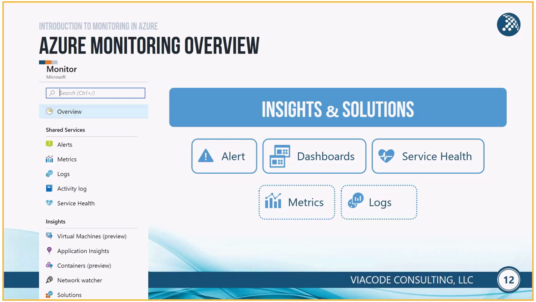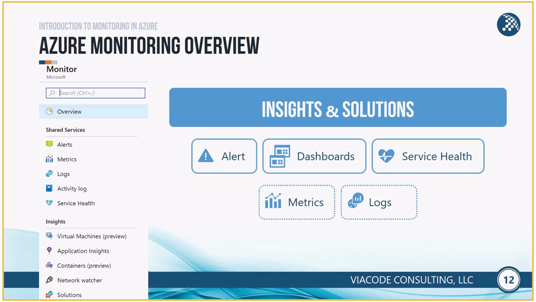On top of that core infrastructure, there are domain-specific insights and solutions. For example, Security Center is everything about security. Application Insights is everything about application. Network Watcher is all about network. And because those solutions understand telemetry types, they provide a unique, tailored experience on top of such telemetry.